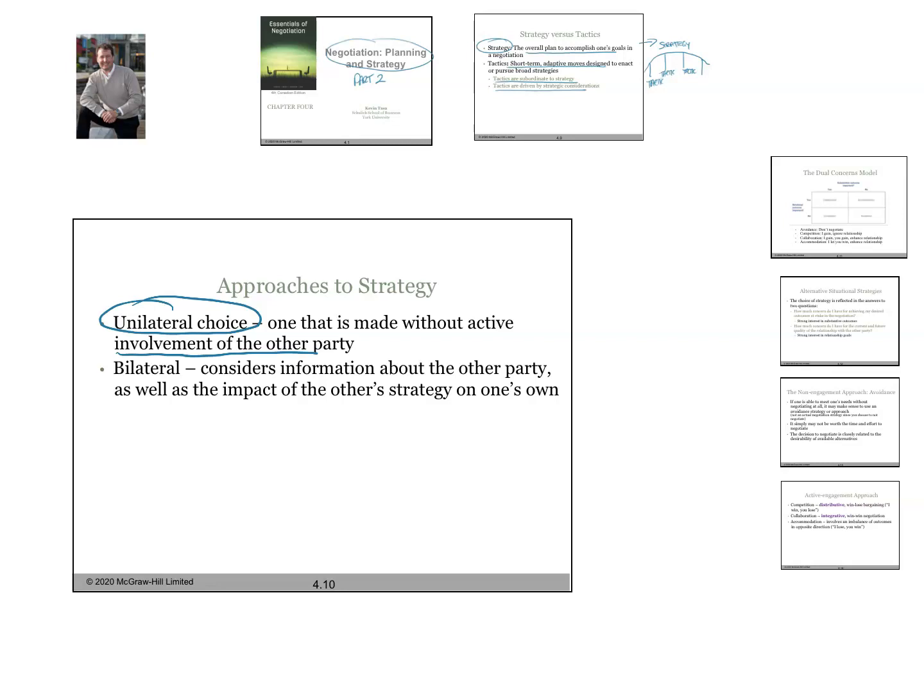We may have a favorite strategy we like to use, and quite often, I would argue most people who haven't had any formal training in negotiation learn a lot by trial and error. We learn a lot about negotiation when we're children, with our parents, with our siblings, cousins, friends, whatever. And sometimes we never change our approach.